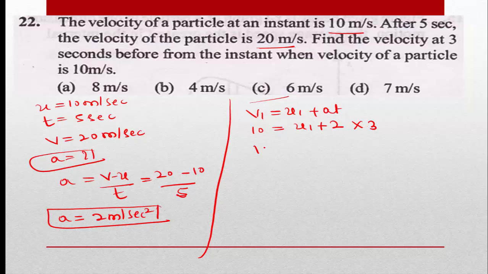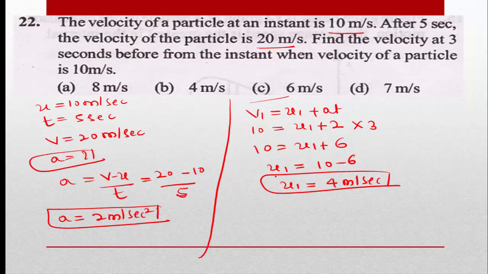Therefore 10 equal to u1 plus 6. So u1 is equal to 10 minus 6, which is 4 meter per second. Option B is the right answer.